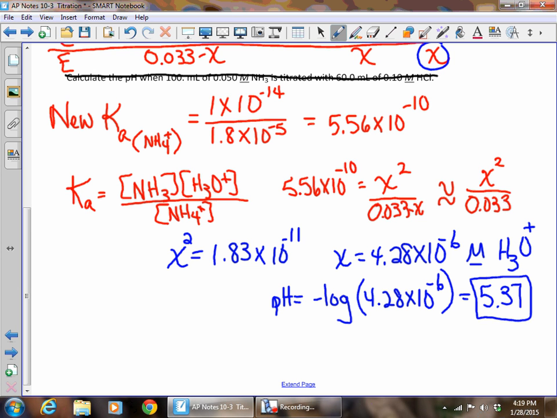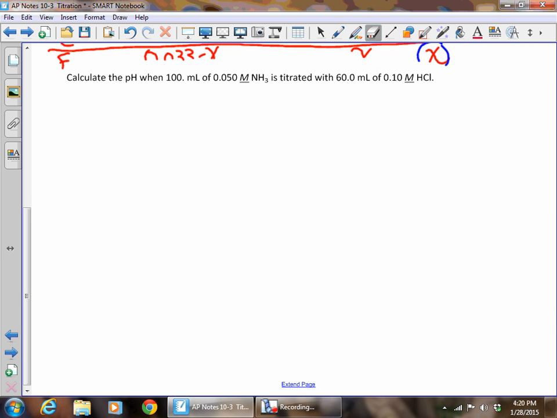Now, hopefully you'll pause this and get that all written down, because I need to erase this because I need to do our final calculation. And our final calculation is for what happens after the endpoint. So we still have the same equation, H plus NH3, forming NH4 plus.